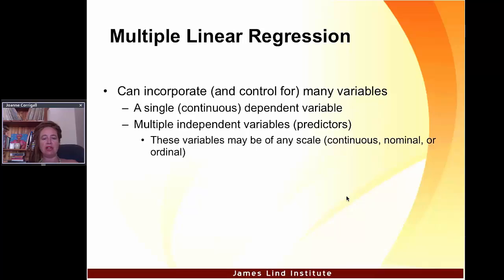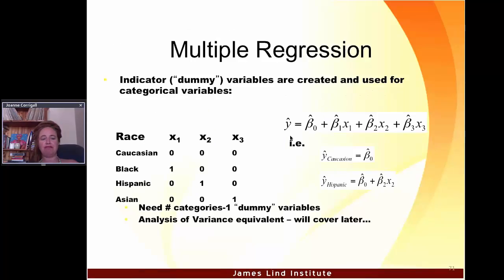And so in this instance, we're looking at a single continuous dependent variable with multiple linear regression, and then we have multiple independent variables, which could be continuous or ordinal. So let's take an example. Here, one of your exposures might be race, and you might want to know how it impacts on, I don't know, it could be anything really, mortality or attendance at a clinic.